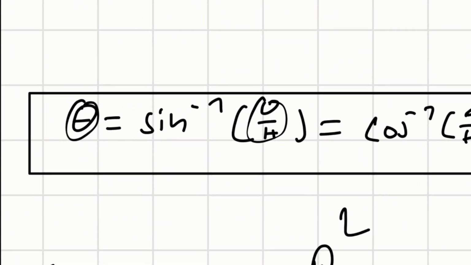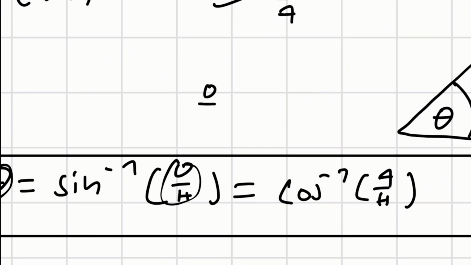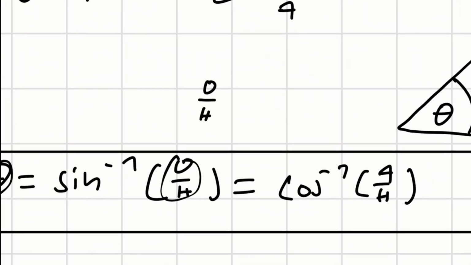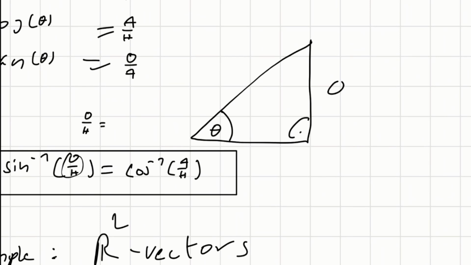This is extremely important because if you just have your opposite side and your hypotenuse, but you need the degree, you don't have the degree, so you're searching for this, the degree of theta.